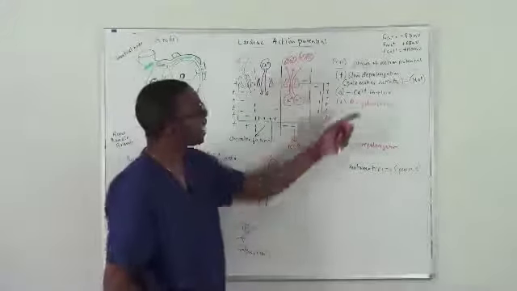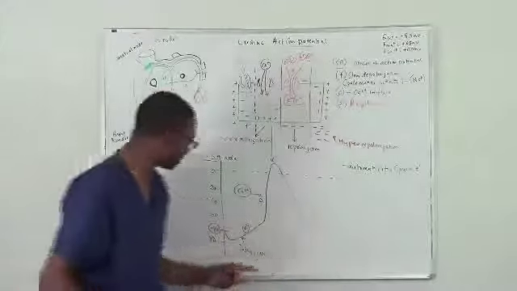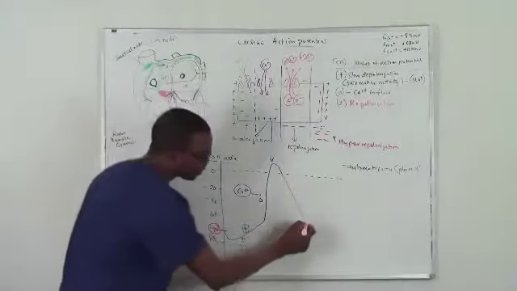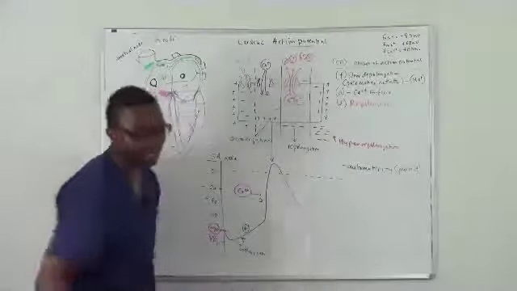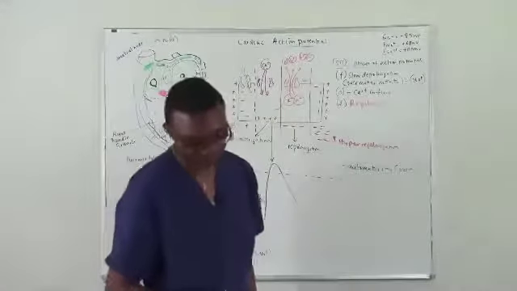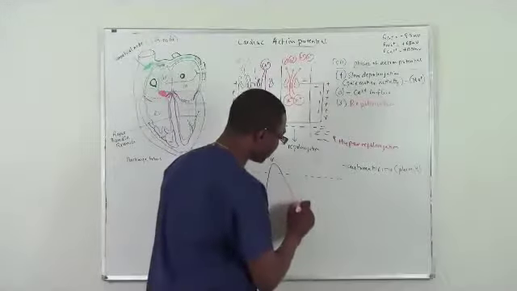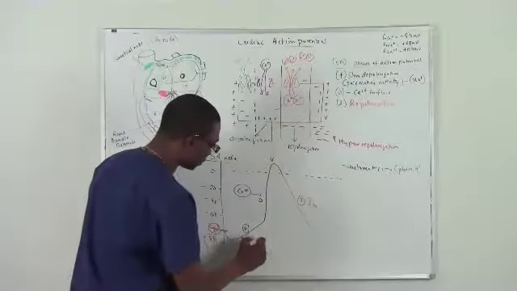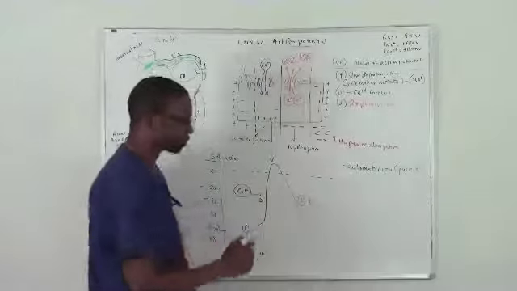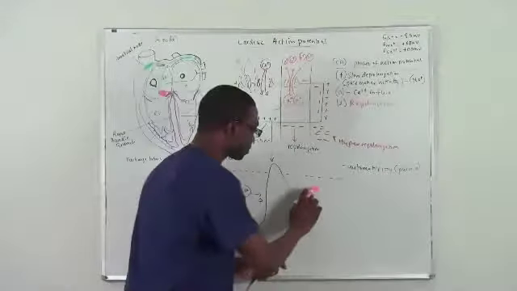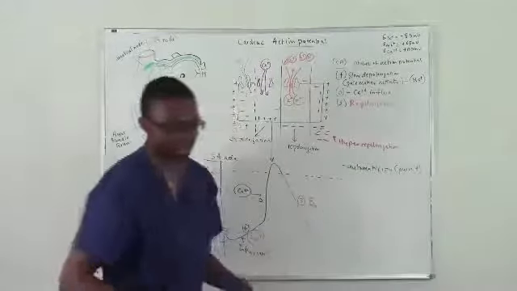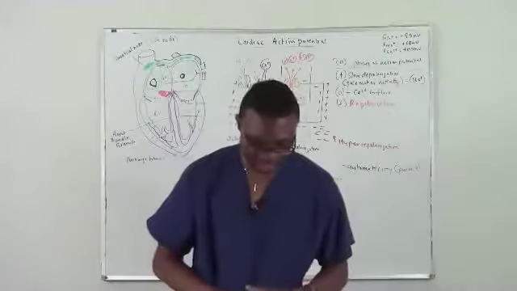And as it's dropping down, it's trying to approach negative 85. See that? This is negative 80 right here. It's going to approach negative 85. That is phase 3, the efflux of potassium outside the cell.